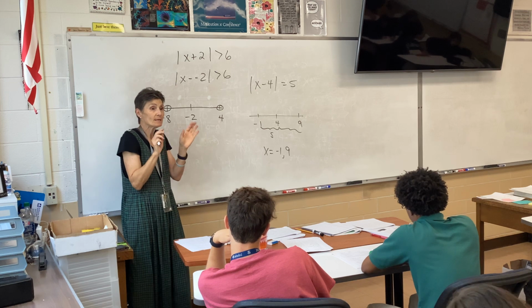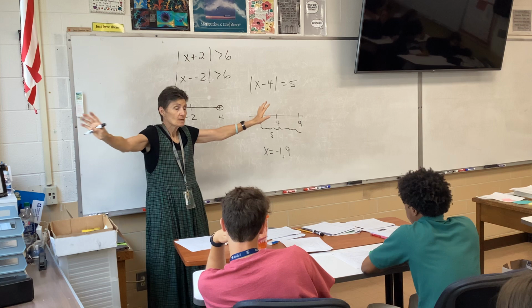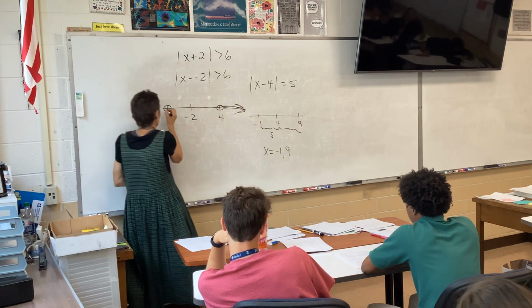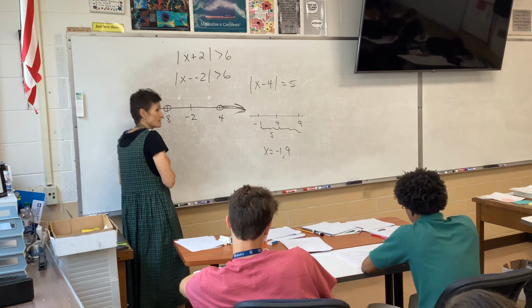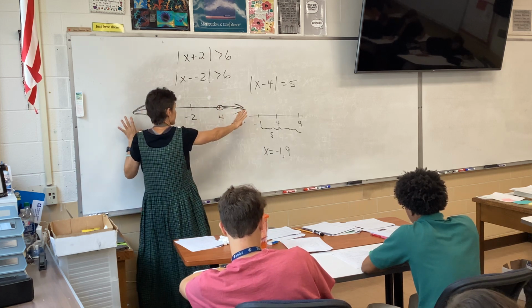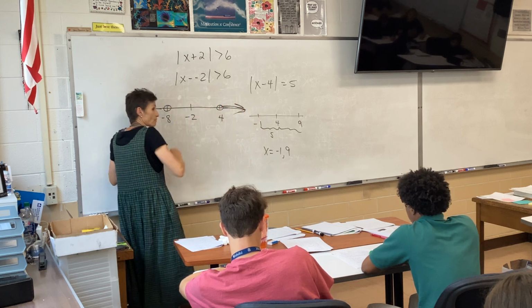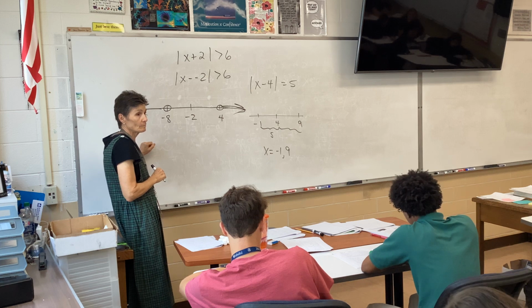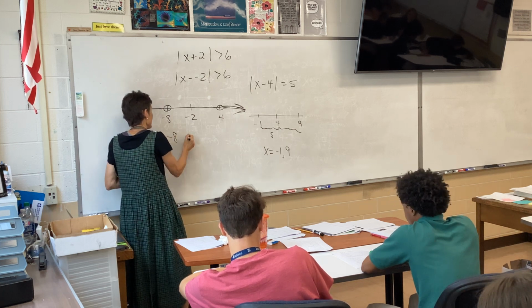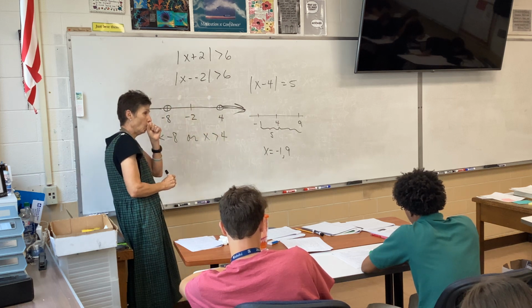I want to be more than 6 away. So my answer is going to be all of this or all of this. These are the points that are more than 6 away from -2. So X is less than -8 or X is greater than 4.